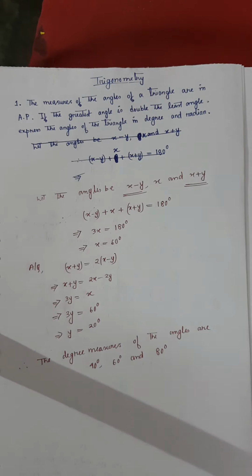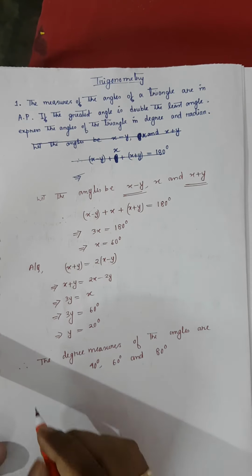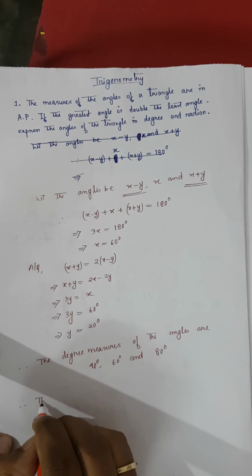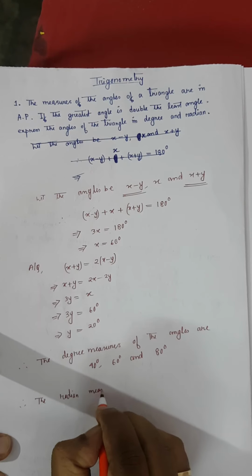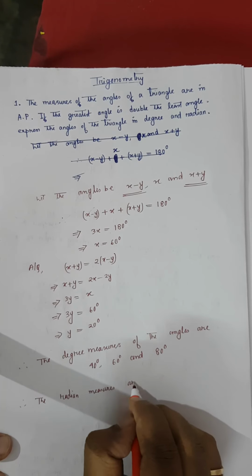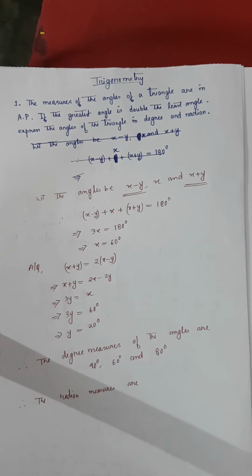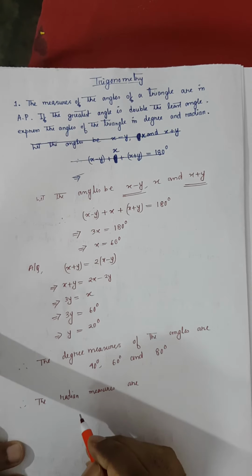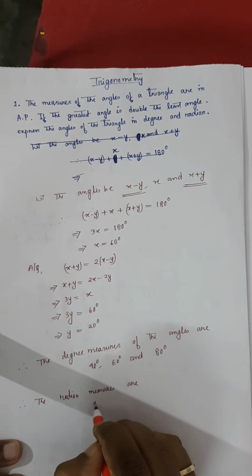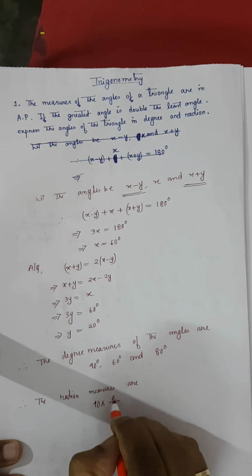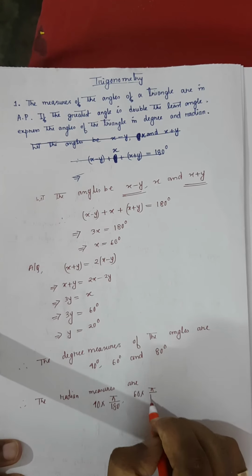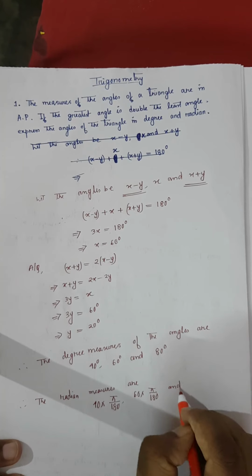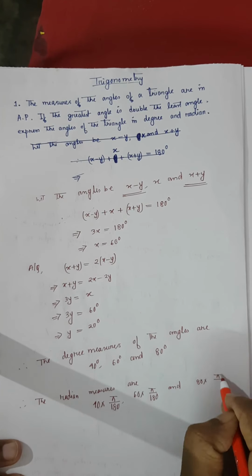Now we need to find the angles in terms of radians. So the radian measures are, when I convert degree to radian, we multiply by pi by 180. So 40 into pi by 180, 60 into pi by 180 and 80 into pi by 180.